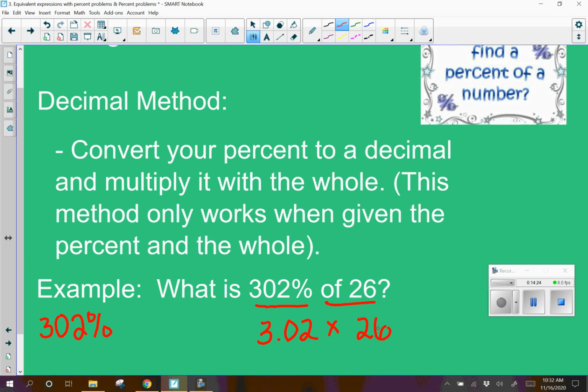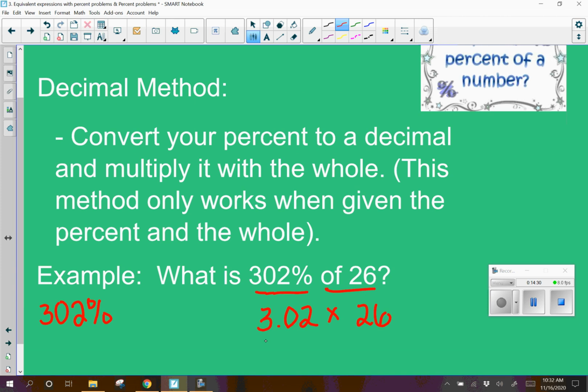So on your calculators, we're going to do 3.02 times 26, and that gives us our answer of 78.52. And that's your decimal method. Just a reminder, it only works when you have your percentage and your whole.